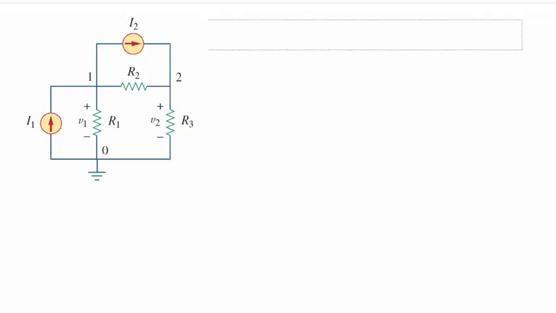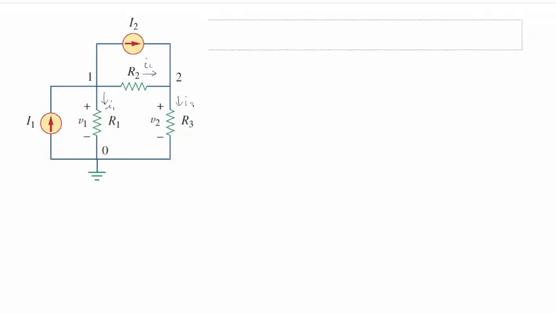So I will put my currents back on. I1 goes in. I think your textbook has a little funny notation in it. Let me check real quick. Your textbook calls it a little I1, a little I2, and a little I3.